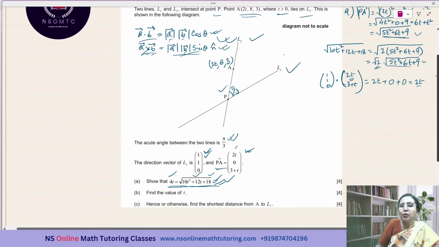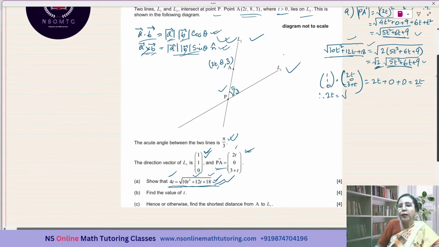This should be equal to, so therefore 2t is equal to the multiplication of the magnitudes of the two vectors, and we have found that to be equal to this. Okay. These are the two magnitudes, and if we multiply them, we get this part.